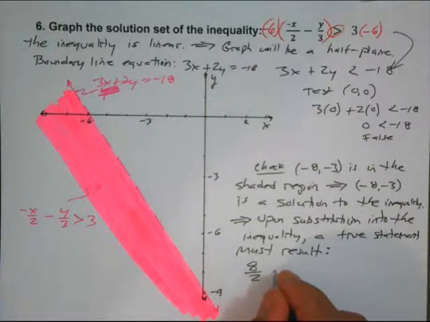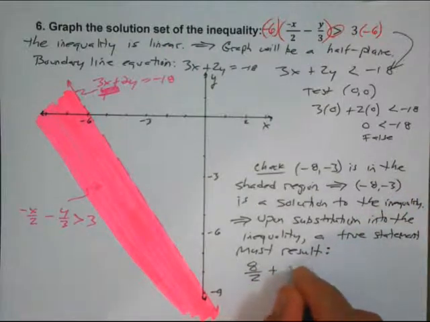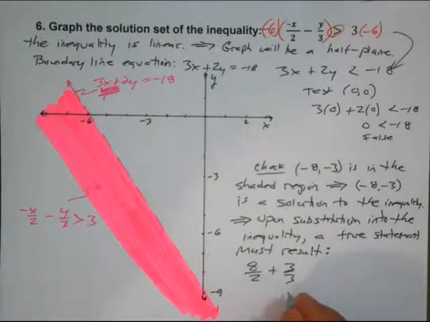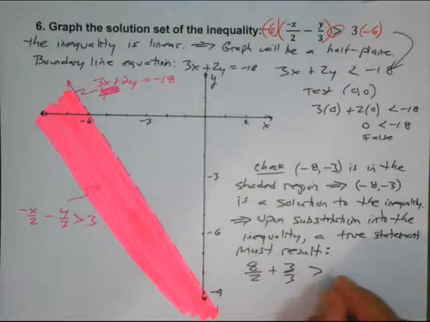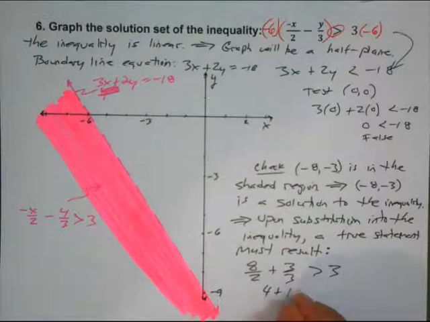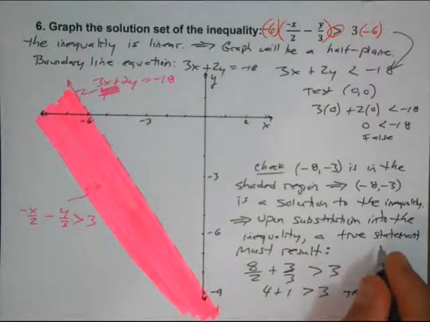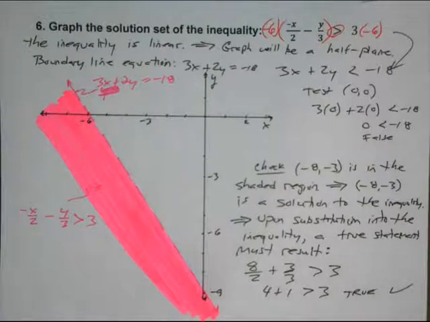Now we have minusing a negative 3 over 3, so plus 3 over 3. How about that being greater than 3? Here's 4, here's 1. 5 greater than 3? True. And that is just what we were looking for. Okay, this looks alright.